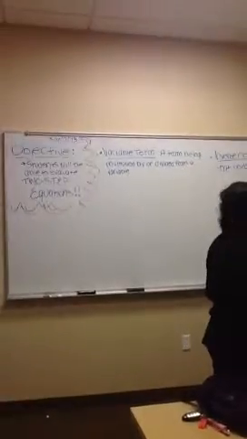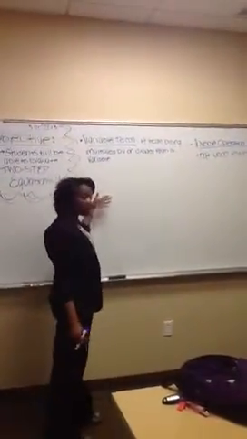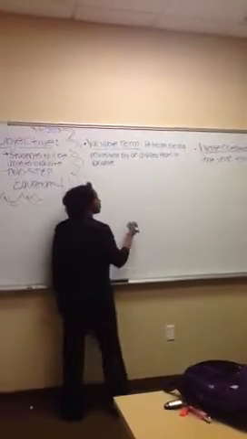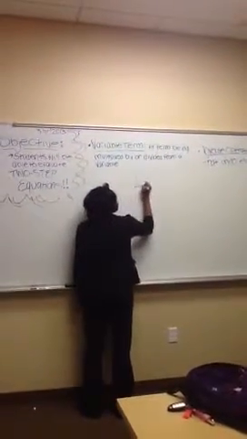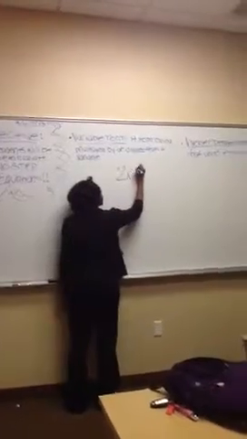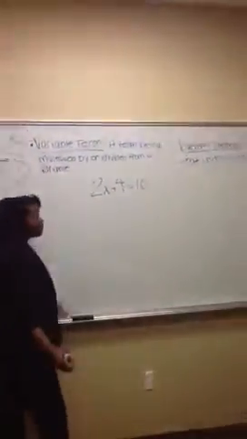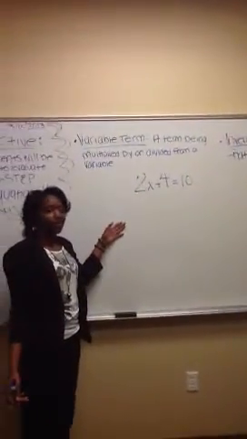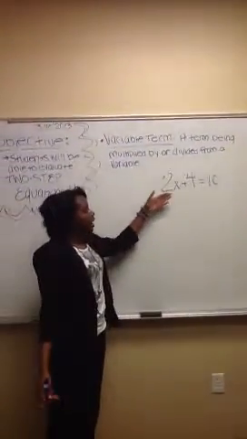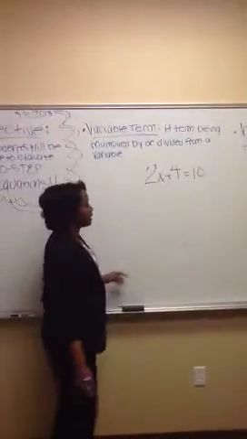To evaluate a two-step equation, you're going to use the same technique we did for the one-step equation. So our two-step equation may look a little like this: 2x plus 4 equals 10. Our first step in our two-step equation will be to subtract 4 from both sides.